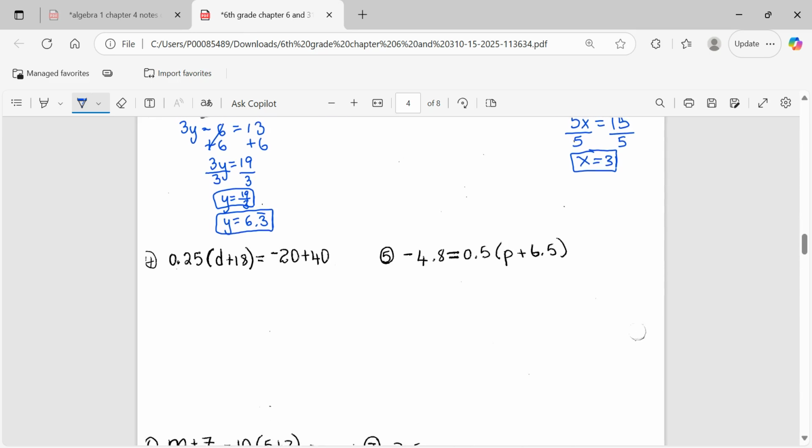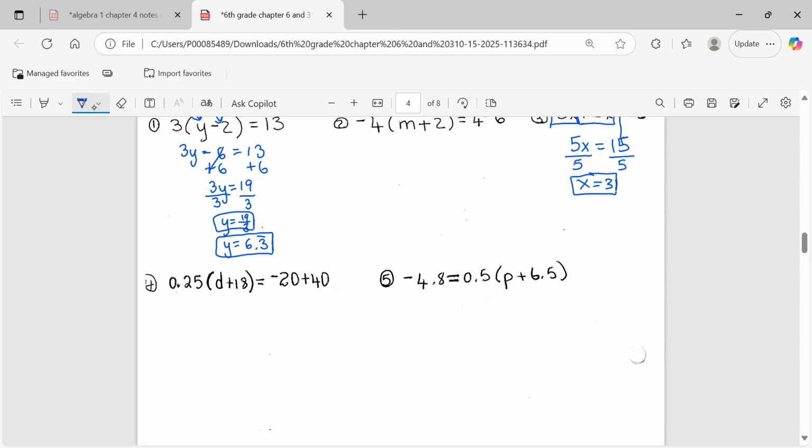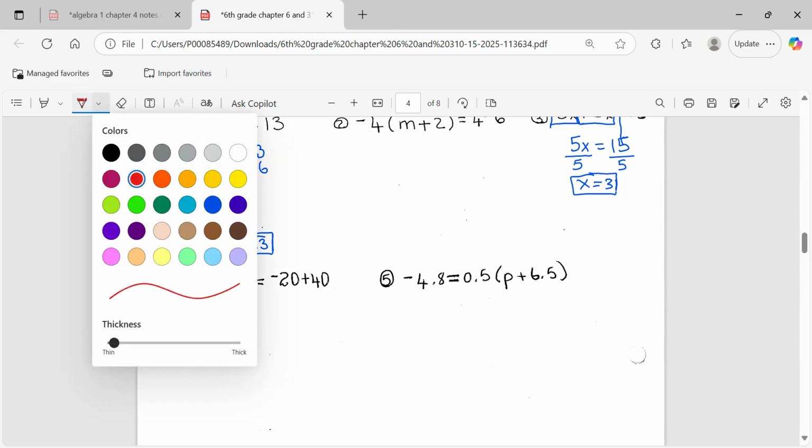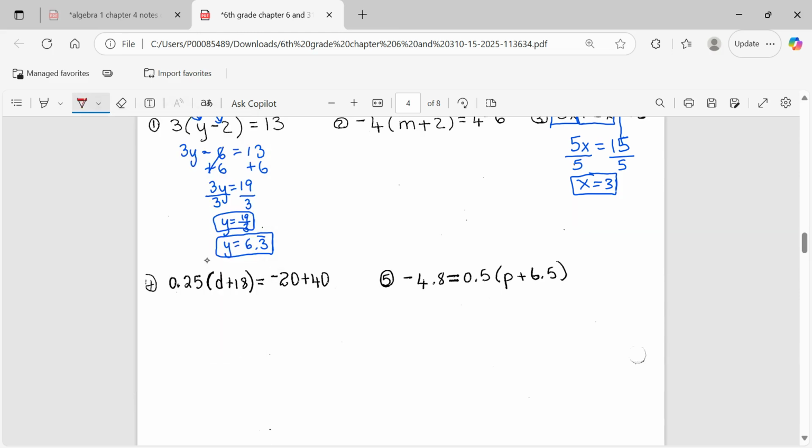There is a parentheses again here, so I'm going to distribute. And if I look, this is my left and this is my right. I'm going to simplify my left by distributing that 0.25 over. So that's 0.25d.